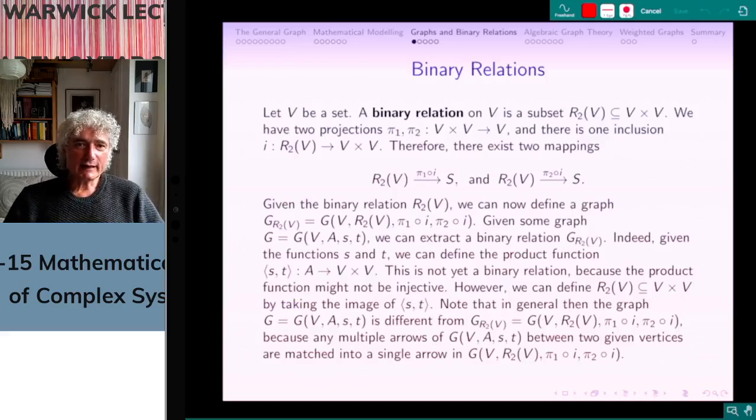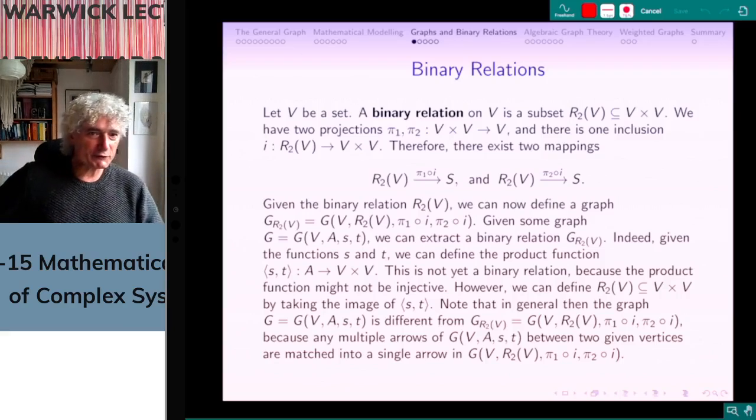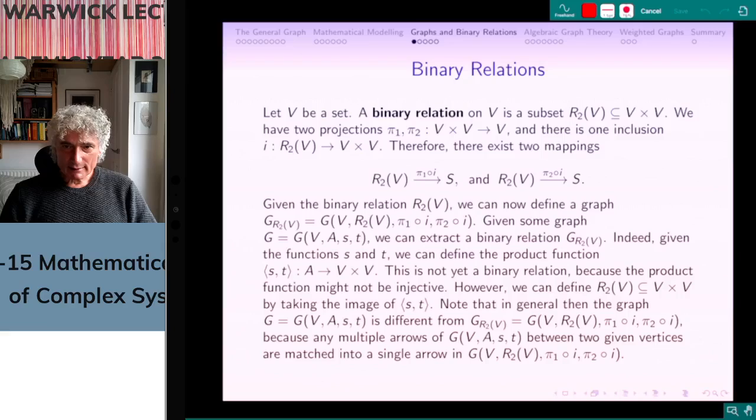Okay, now we have to go to binary relations. So let's start with introducing the binary relation. The binary relation can be characterized as being a subset of the Cartesian product of V with itself, so V times V. And we denote the set of binary relations by R2V.